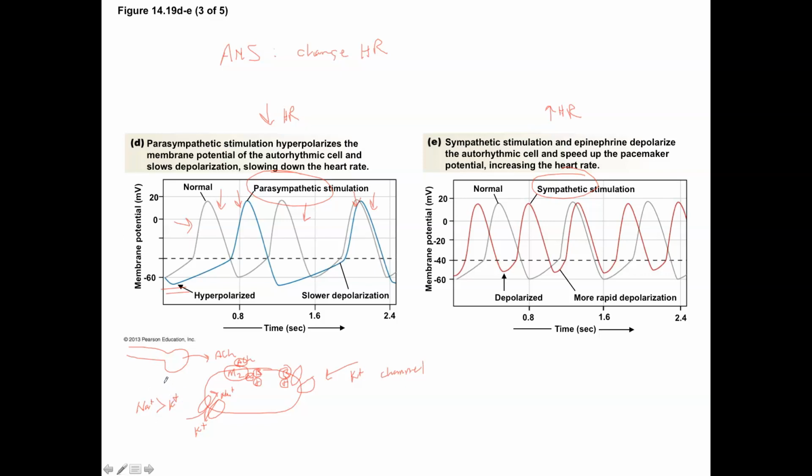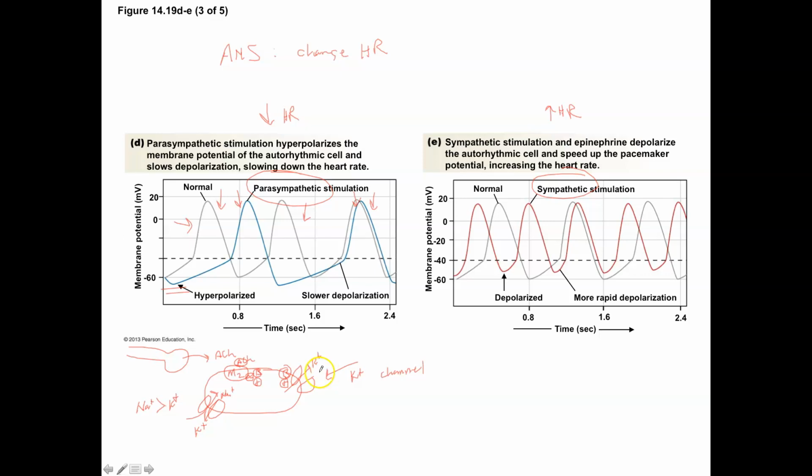So if you want to slow down what this cell is doing, you can affect potassium channels. That's going to allow more potassium to flow out of this cell. So we have potassium moving out of these potassium channels, and that's increasing the potassium efflux.